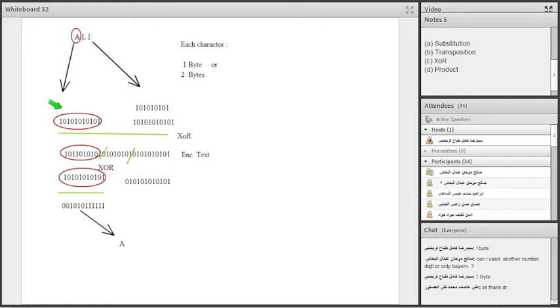So first you have the character, second you convert it to binary, third you should have one key and apply the key on each character. For example, the first, the second, the third, you get the encrypted text. For decryption, you separate the bytes, you apply the key, and you get the original characters.